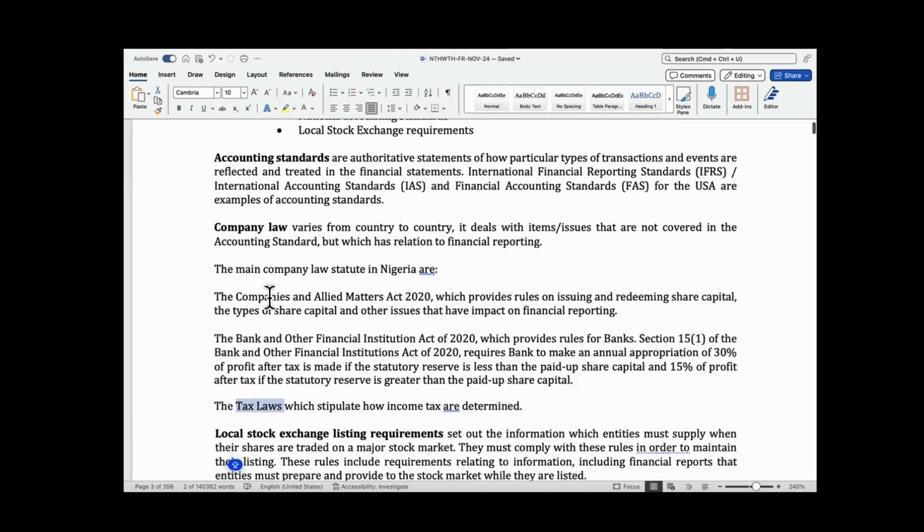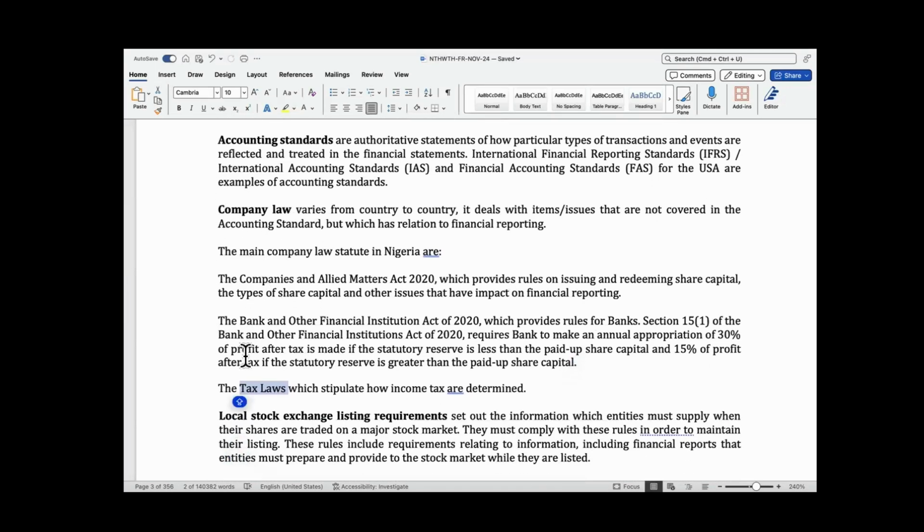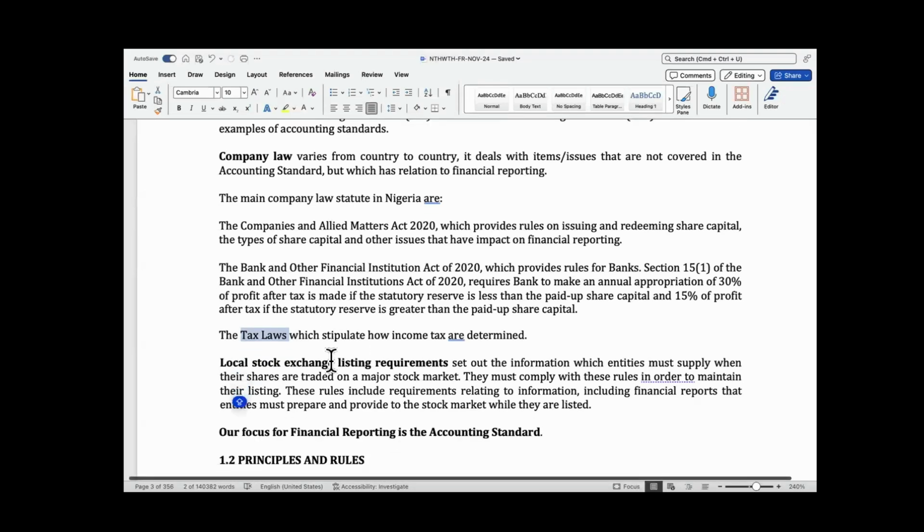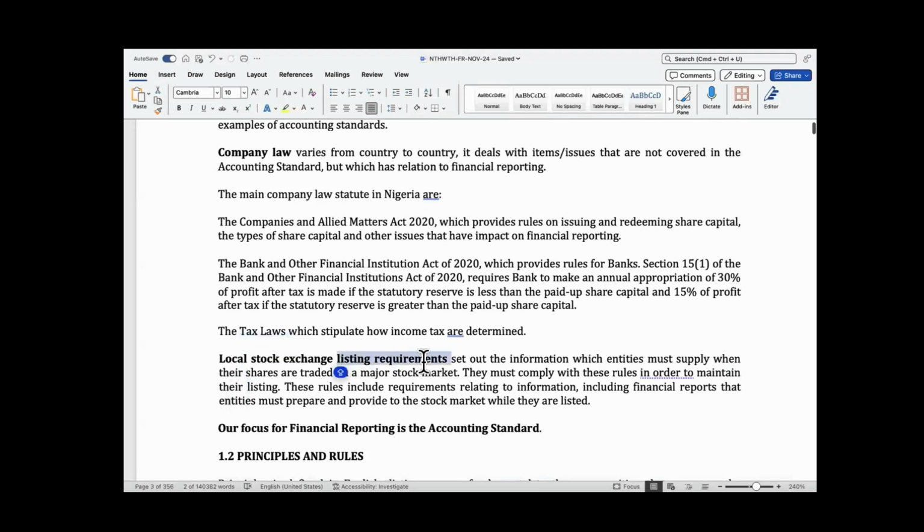And finally, is the local stock exchange listing requirement. See, every company that is listed on the stock market must comply with a listing requirement, or a stock exchange listing requirement. We have one in Nigeria.